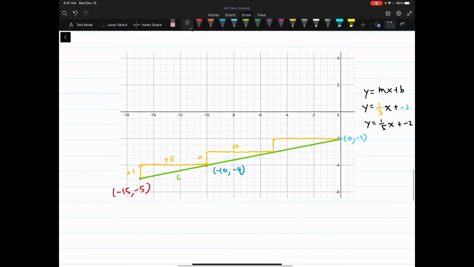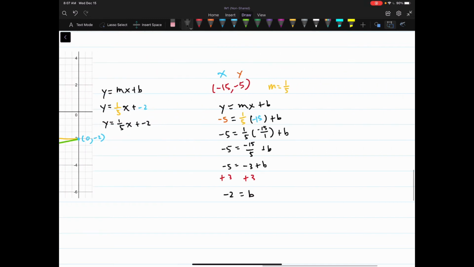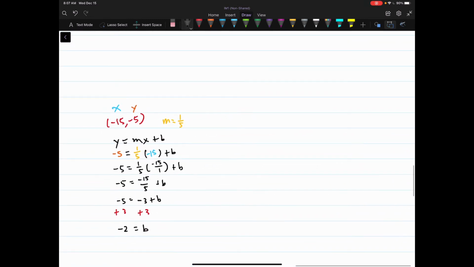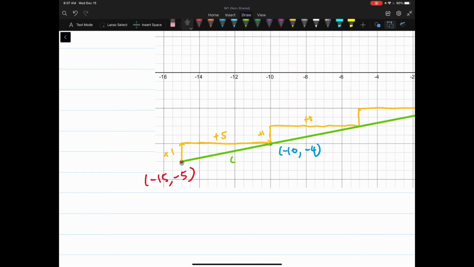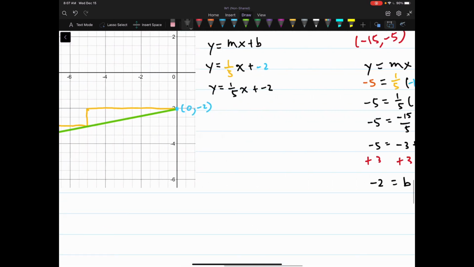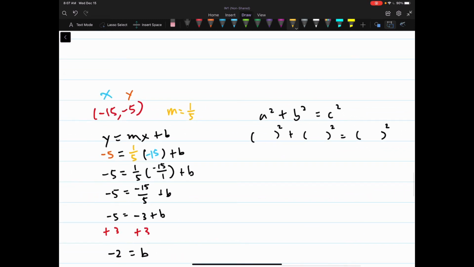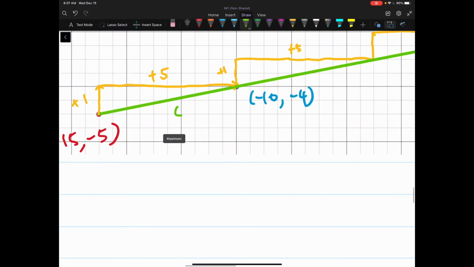Let's find the length of this leg. So we're going to write a squared plus b squared equals c squared. So a squared is 1, b is 5, and c is going to be that c right there.